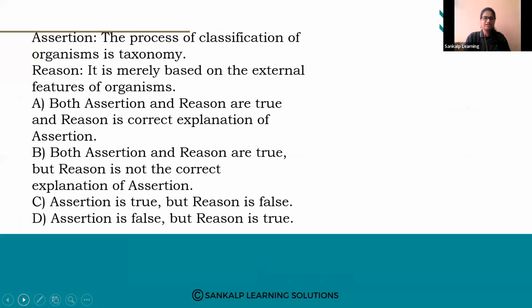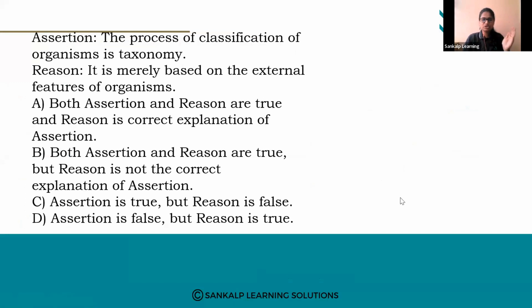Okay, next question. Again, an assertion and reason question. Assertion: The process of classification of organisms is taxonomy. Reason: It is merely based on external features of organisms. Option A, both are true and R is a correct explanation of A. Option B, both are true but R is not the correct explanation.